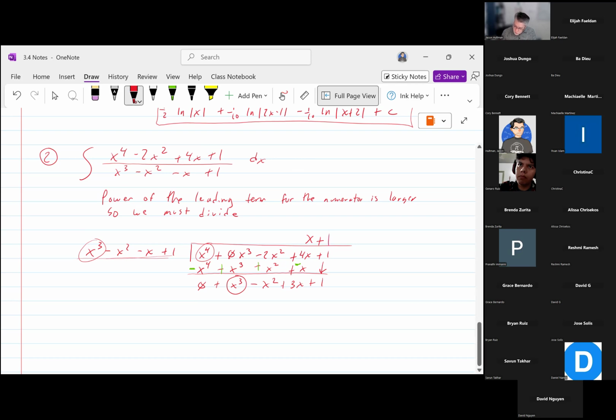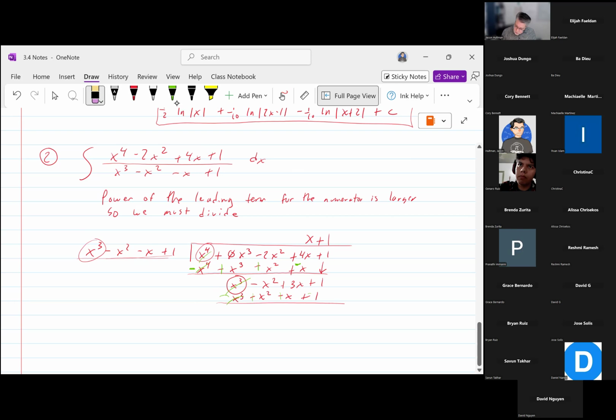So we're going to multiply 1 times our denominator here, and we're going to get x cubed minus x squared minus x plus 1. Change the sign and add, and we end up canceling those guys out.